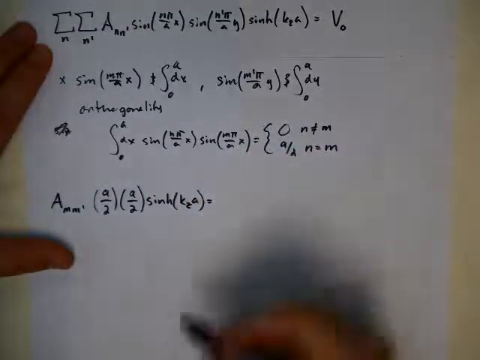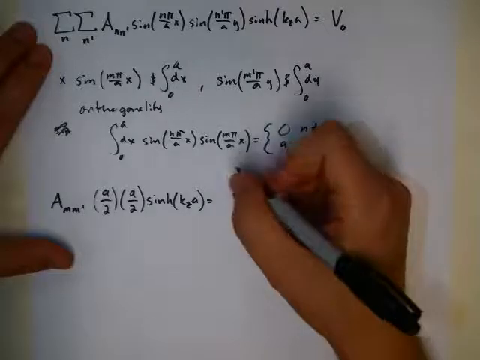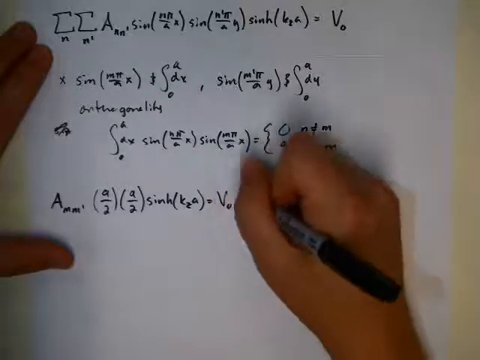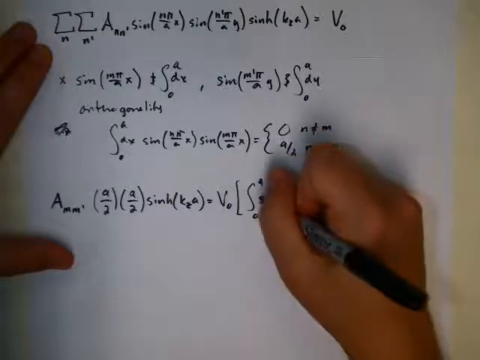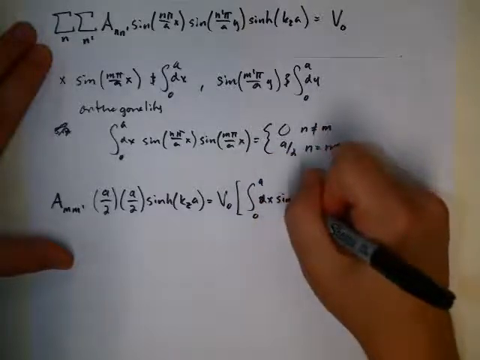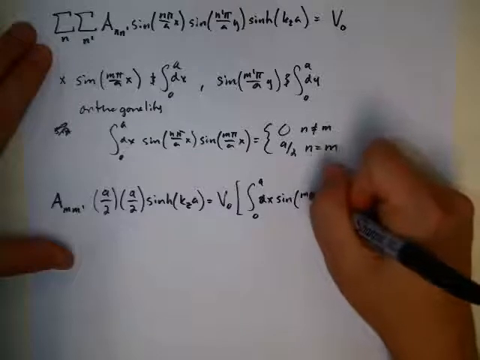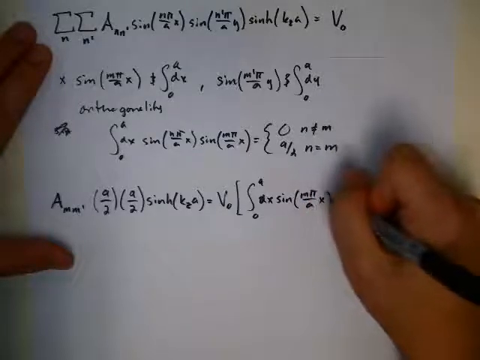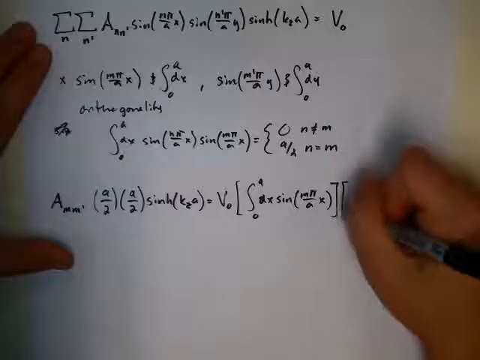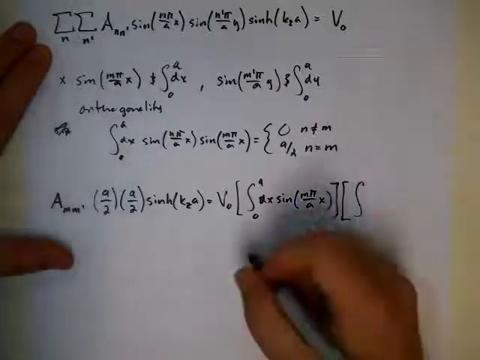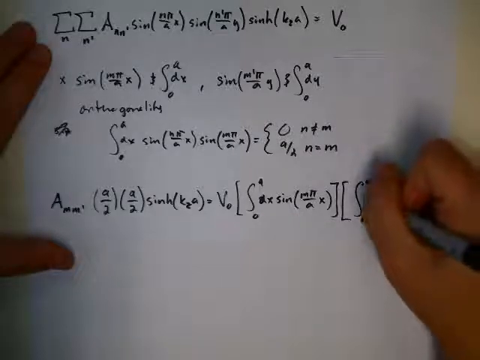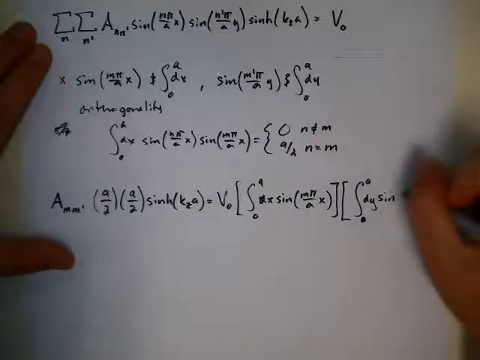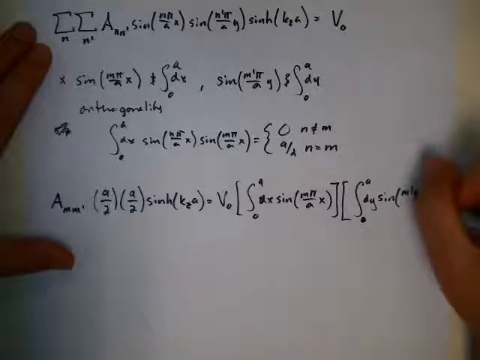Now this is going to be equal to, now I'm going to do this out on this side. So this will be V naught, and then I have an integral from 0 to a dx sine of m pi over a x. And I'm going to have an integral, I've put these brackets here just to help me separate stuff, from 0 to a dy sine of m prime pi over a y.